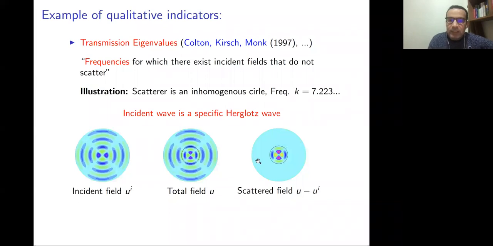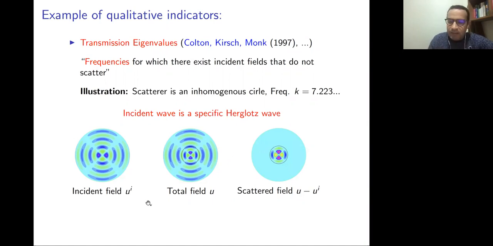In fact, what we can prove is that for a given inhomogeneity, this can happen only for a set of specific frequencies that form a discrete set without finite accumulation point. These are the frequencies for which you can build this invisibility.